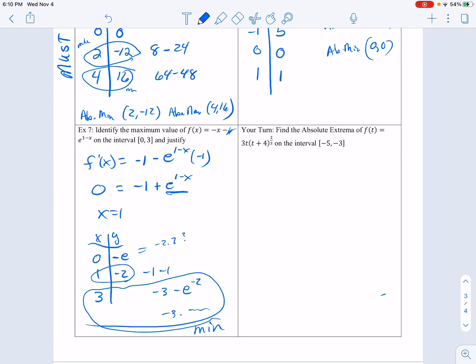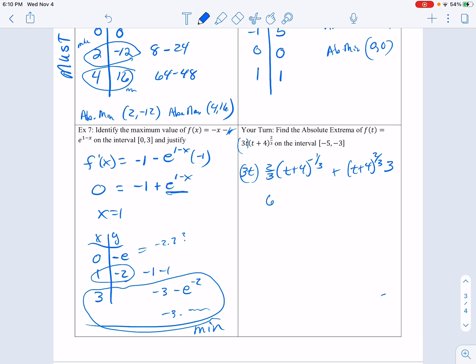Find the absolute extrema. You got to do the product rule here. So you have the first one times the derivative of the second plus the second times the derivative of the first.